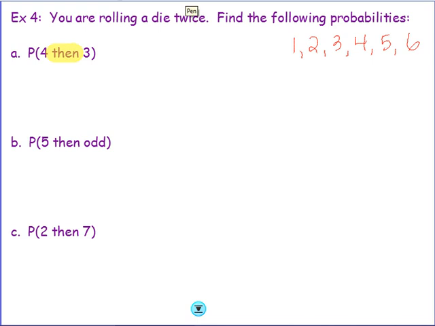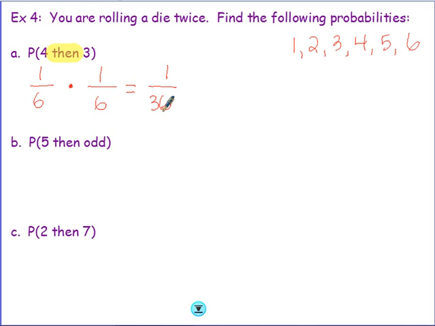So let's start with 4. If I'm trying to get a 4 from these numbers, there is 1 4 in the group and 6 numbers total. 3, there is 1 3 in the group, 6 numbers total. Then means multiply. I'm going to multiply the tops. I get 1. Multiply the bottoms. I get 36. That cannot be reduced.